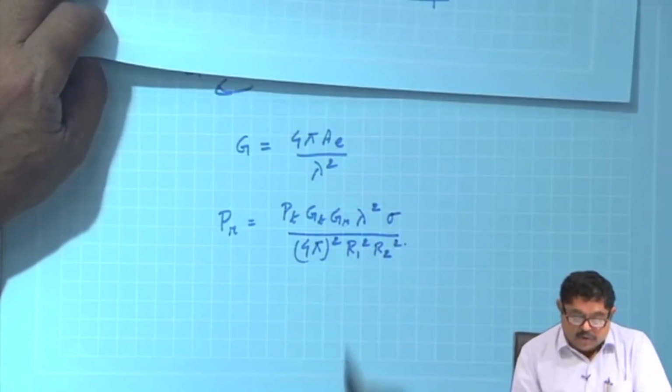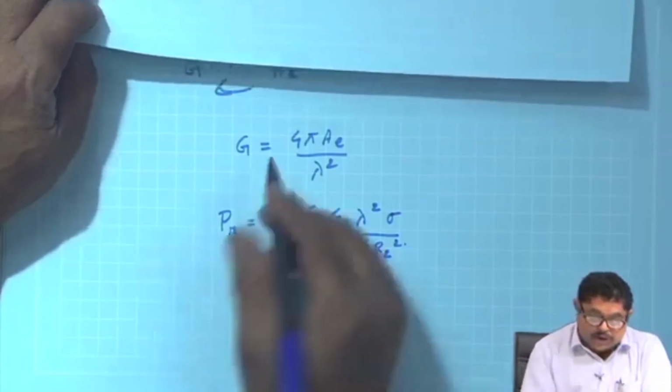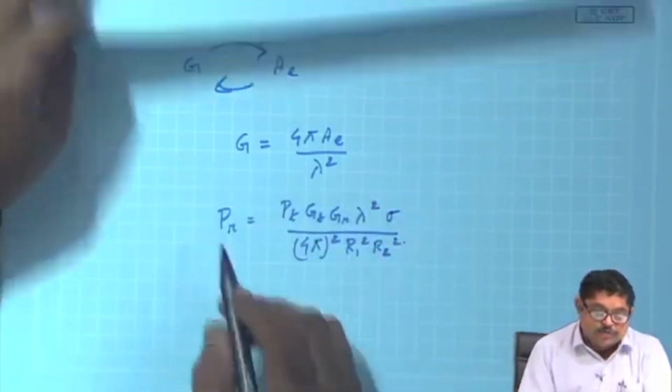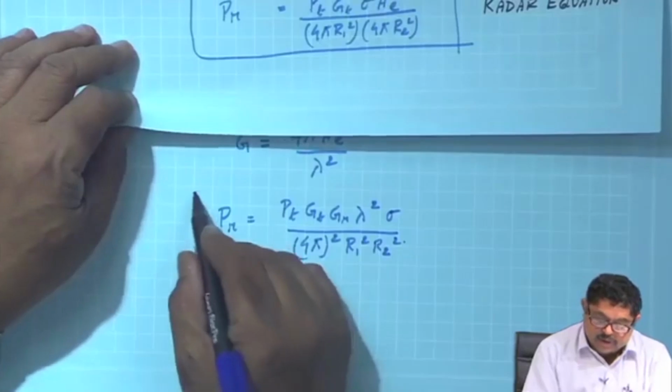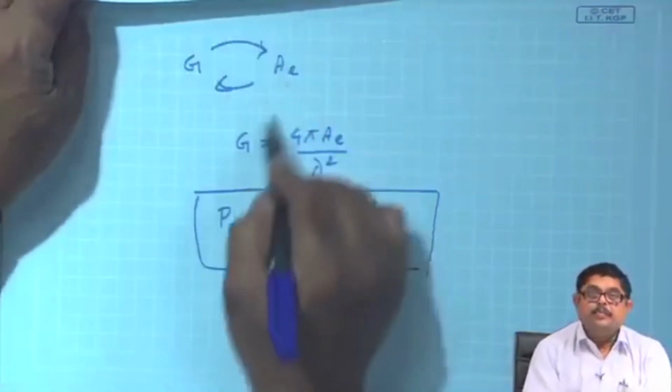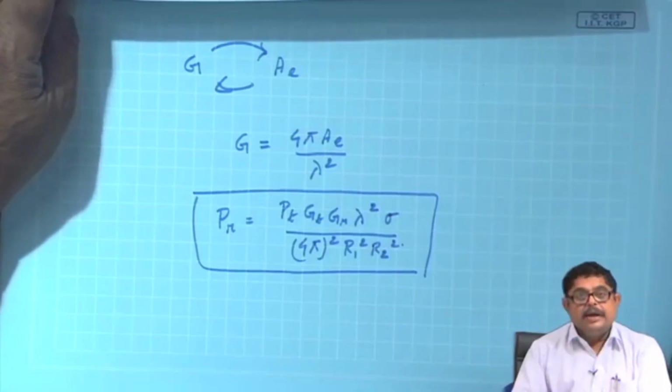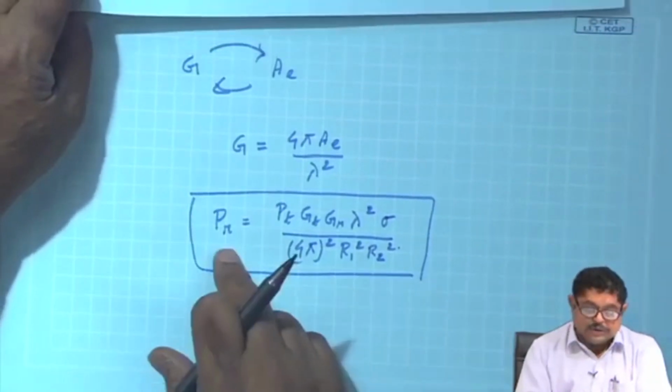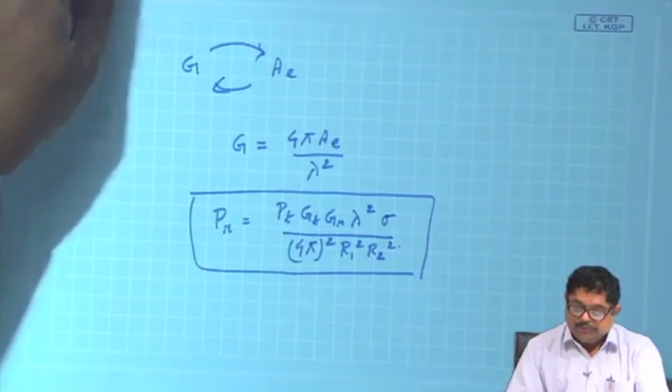Okay. That means this equation gives you this equation if you take the help of this. That is one thing we can do. So, this is another radar equation.